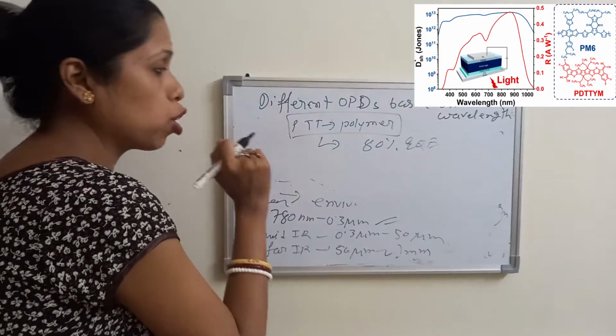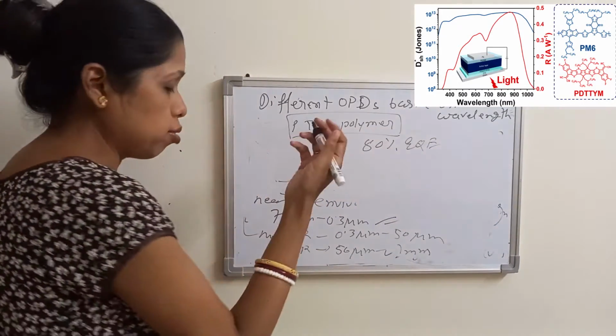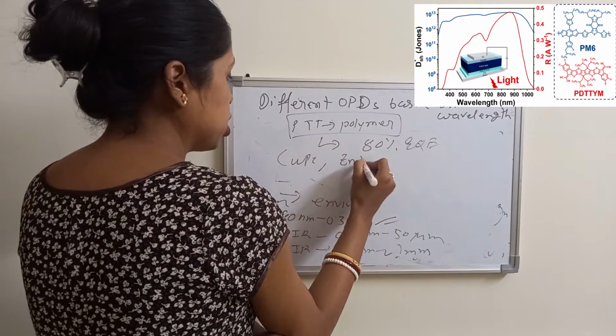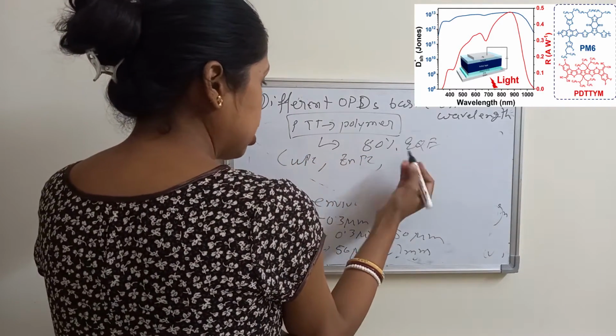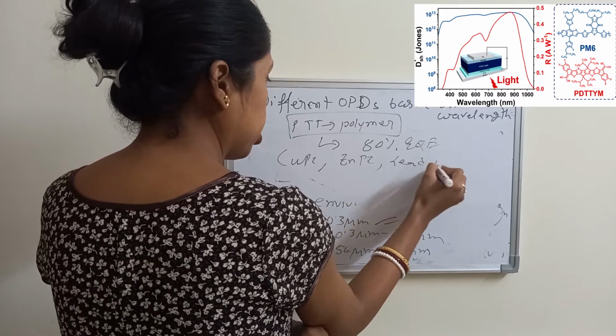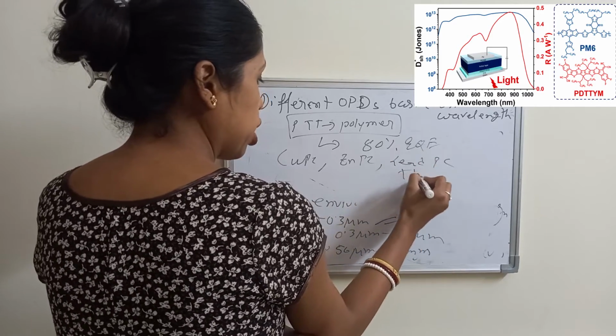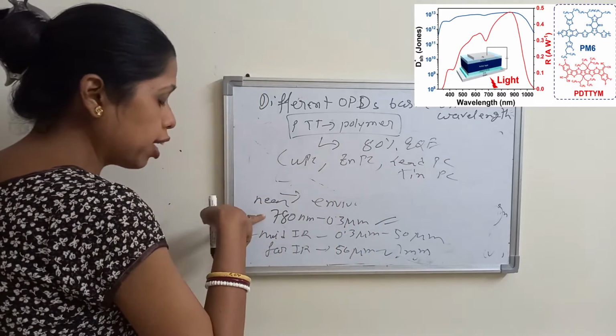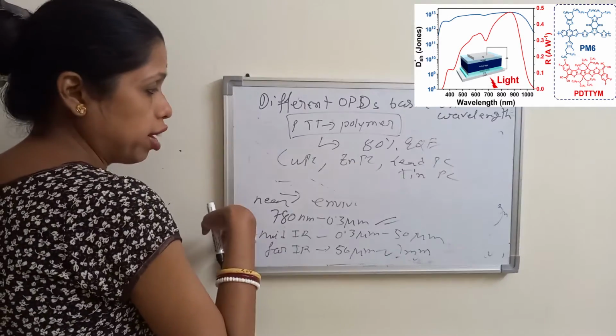And apart from the polymer, lots of small molecules are available, mainly the phthalocyanines: CuPc, ZnPc, and also lead phthalocyanine and tin phthalocyanine. These are widely used for the near infrared to mid infrared region.